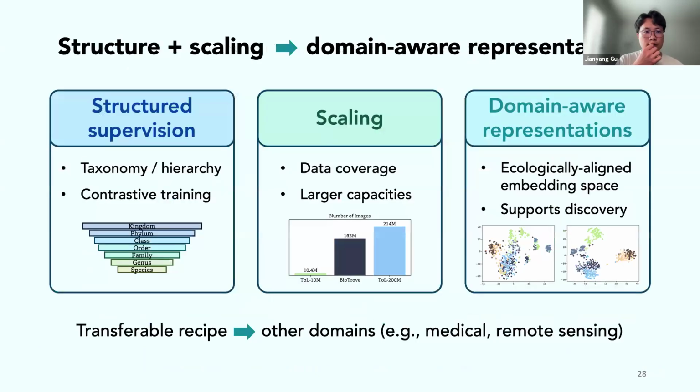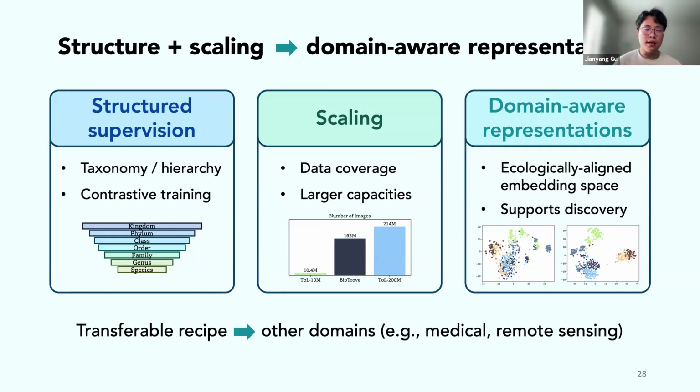So this project of BioClip 2 tells us that structure and scaling can lead to domain-aware representations. In our case, structure means the taxonomy and the contrastive training objective. And scaling means that we cover more data and we have larger capacities of our model.